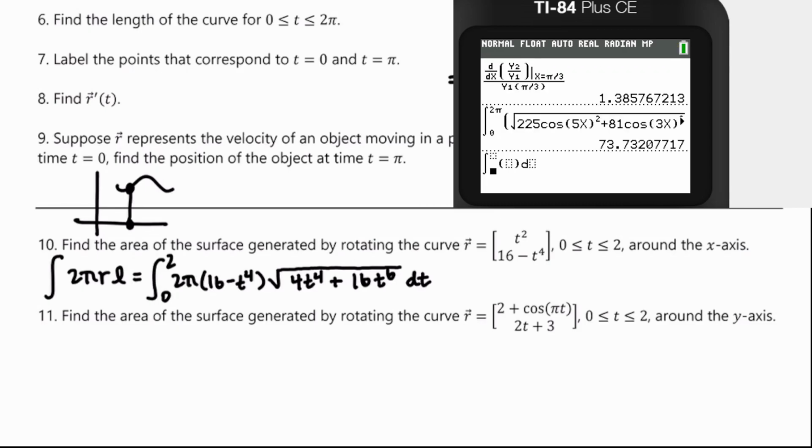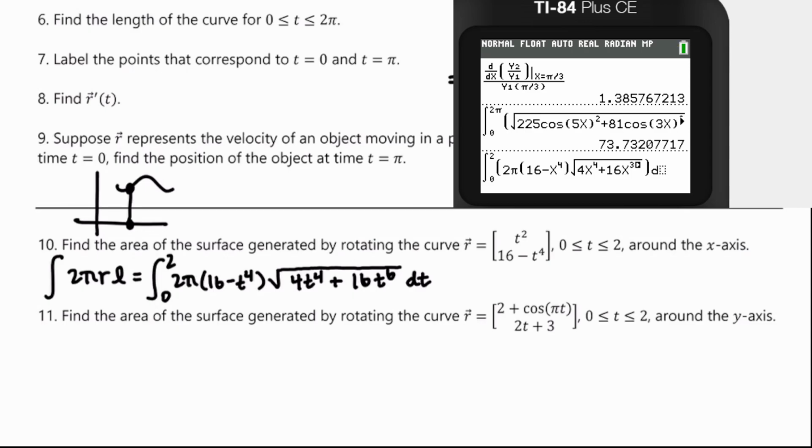So we're going to go math 9. From 0 up to 2 of 2 pi. R was 16 minus t to the 4. Then we multiplied by our small piece of arc length, which is the square root of 4t to the power of 4 plus 16t to the power of 3.